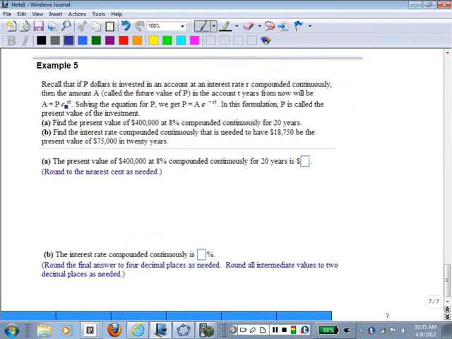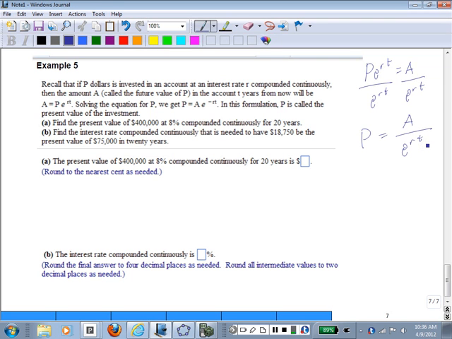So it gives us the PERT formula, A equals P times e to the rt, and solves it for P by dividing both sides by e to the rt. What I think I would do if I were doing this is just say, okay, P e to the rt equals A. Divide by e to the rt, divide by e to the rt, and P equals A over e to the rt.